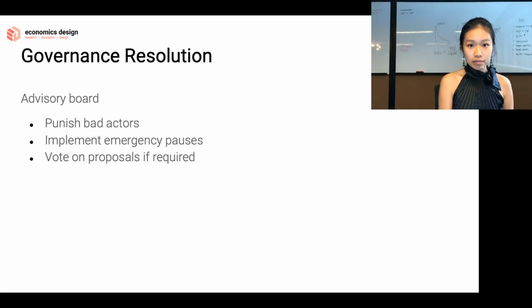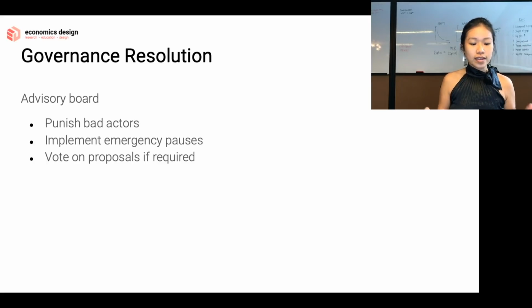If you make a bad decision, a fraudulent decision, a very negative decision that will affect everyone, then the advisory board will come in to assess whether you're a bad actor or not. And if you're a bad actor, your tokens will be burnt. Simple as that. So the advisory board has the power to punish bad actors.